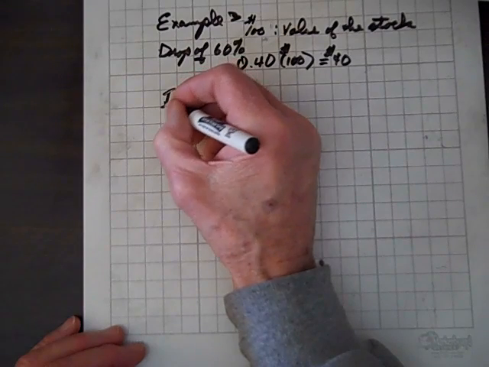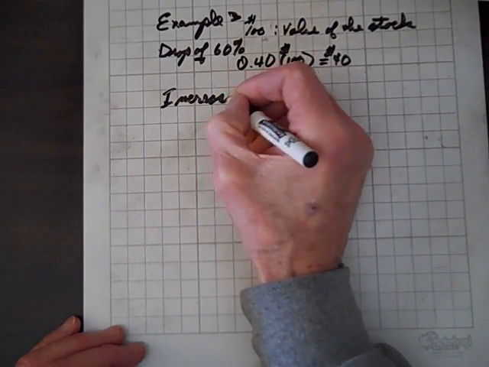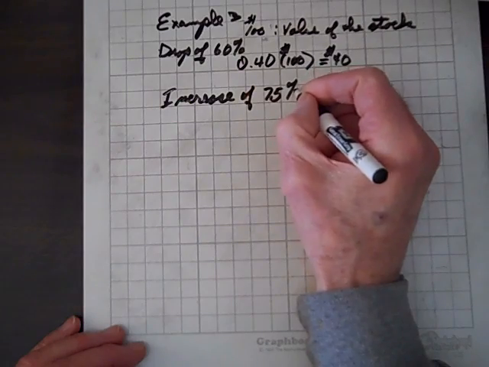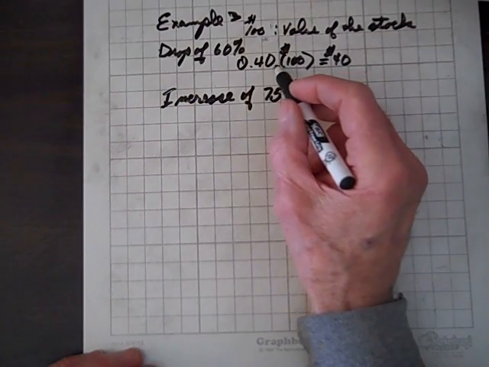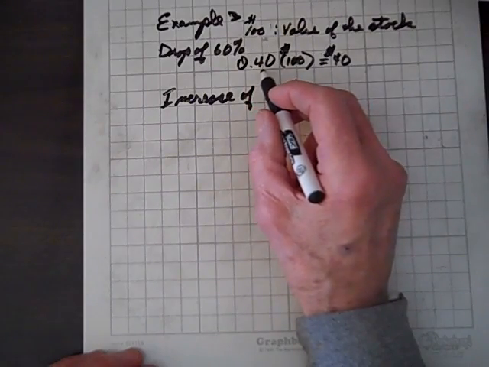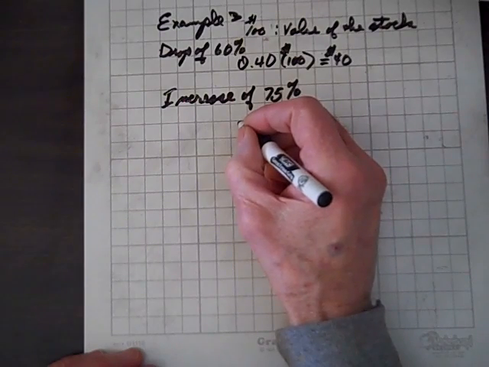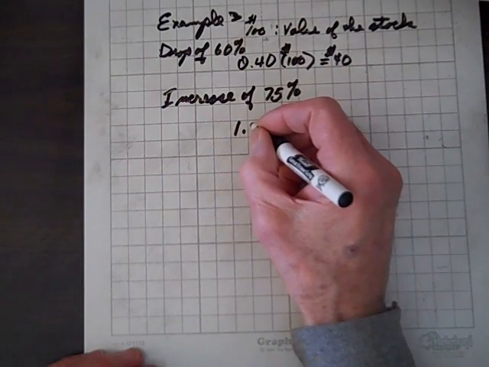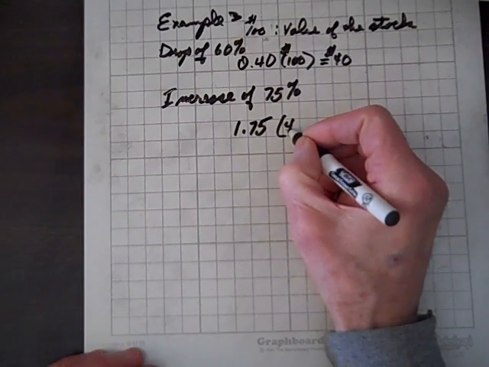And the next day or sometime after that, the stock has an increase in value of 75%. So that means as we multiplied this 100 times 1 minus 0.6, which gave us 0.4, we're going to multiply the $40 times 1 plus 0.75, because it's an increase.